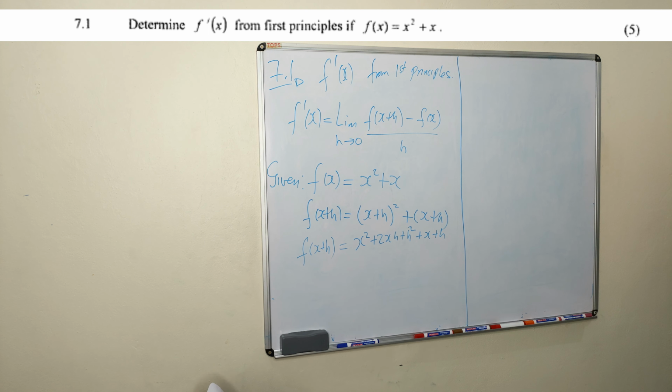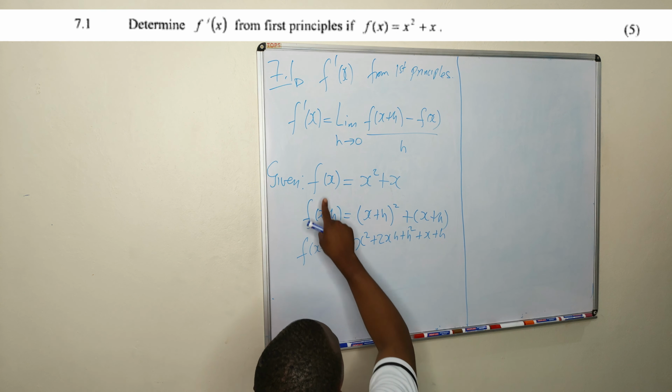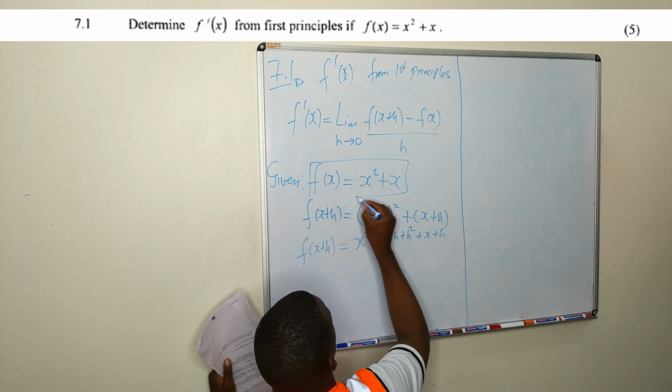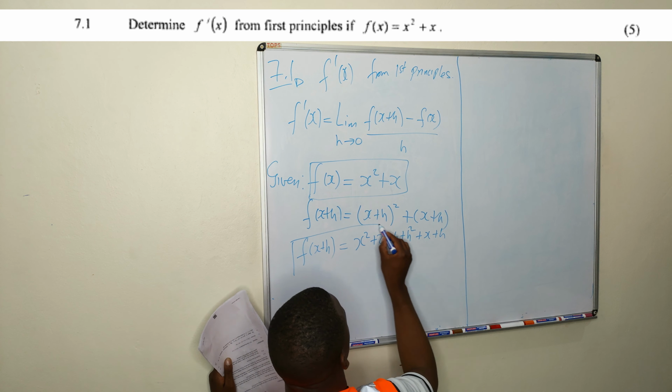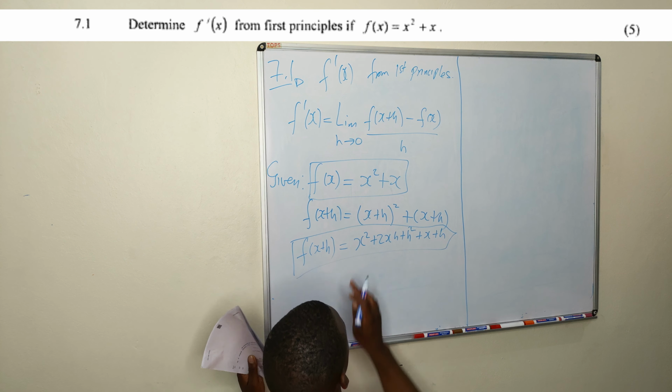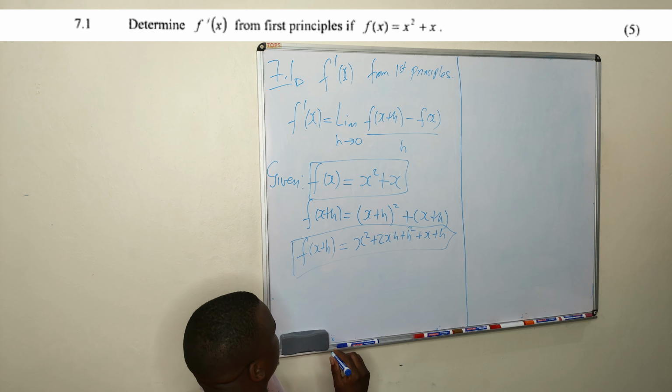Right? Now that you have your f of x and your f of x plus h, you can go back to the formula, to your derivative definition, to substitute this.